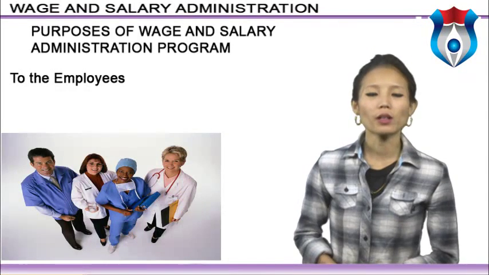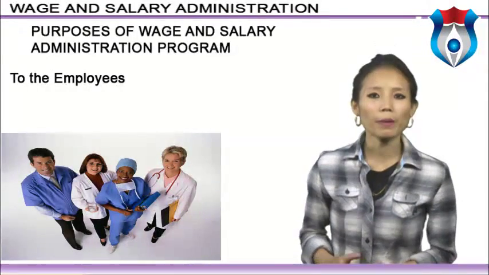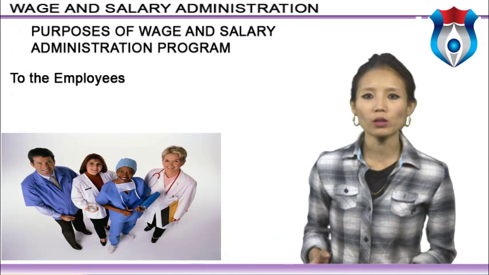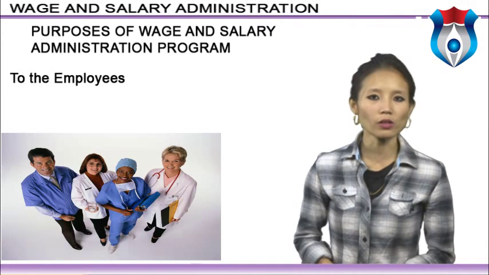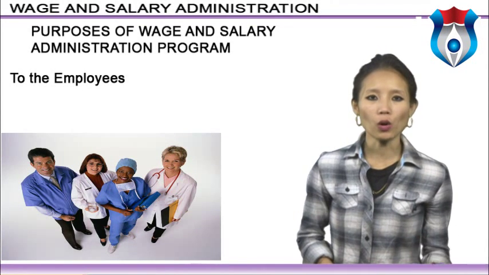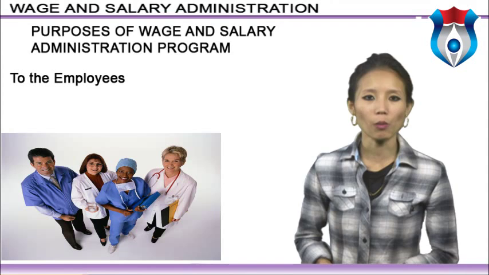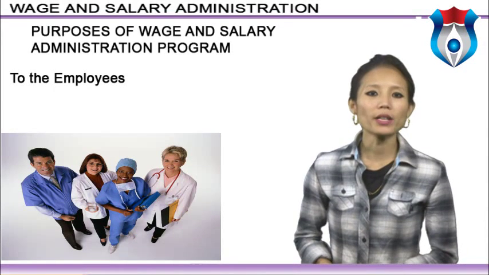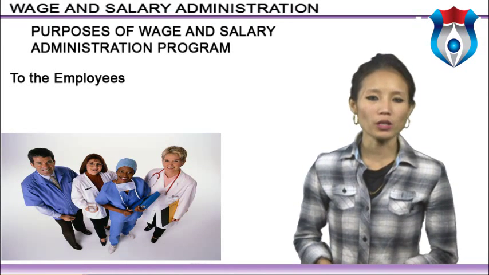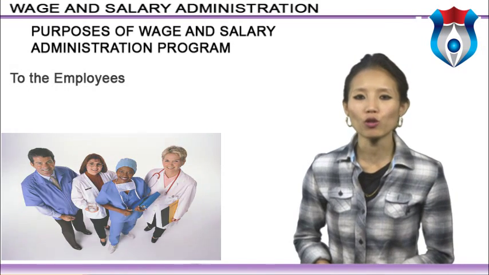To the employees, it means a basis for understanding the hospital's policies concerning wage levels, structures and ranges, a means for clarifying opportunities for development and channels for promotion. Greater job satisfaction and feeling of security, helping the individual attain the occupational objectives.